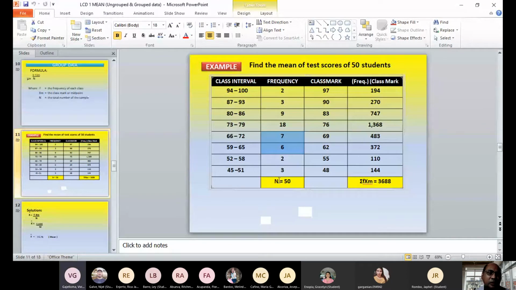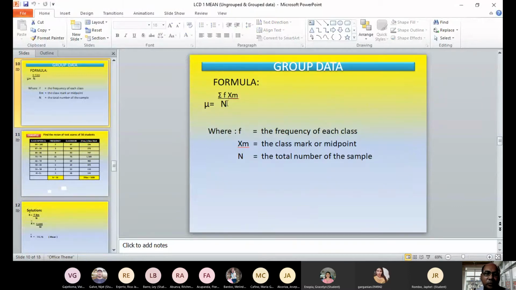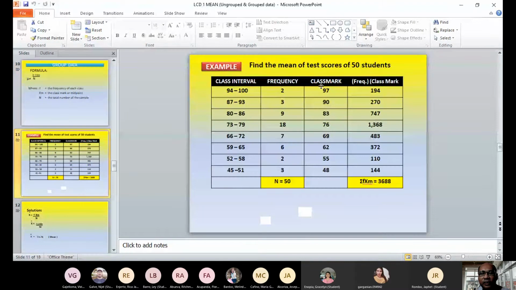Now, based on our formula, we need the value of the summation of f times x sub m. So, try to compute the value of class mark or midpoint in our table. As I have said, to compute the class mark, lower limit 94, upper limit 100.